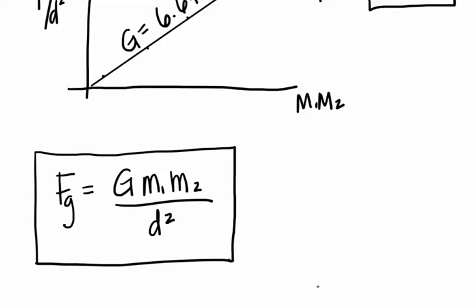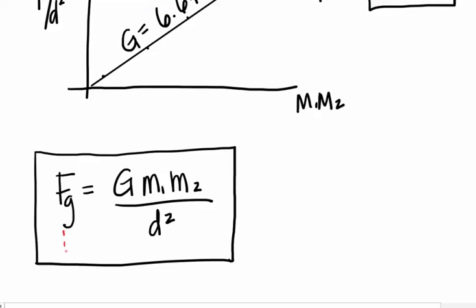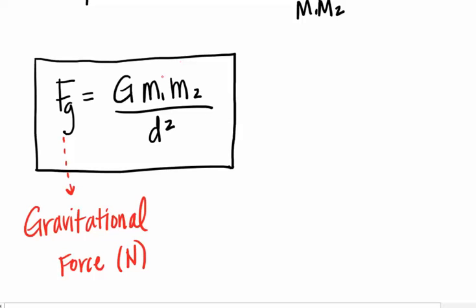All right, so first of all, let's define all these bits and pieces. So this is the gravitational force between those two objects. It depended on the mass. What's force measured in? Newtons, very good. And these are the two masses. And this is the distance from center of mass to center of mass.